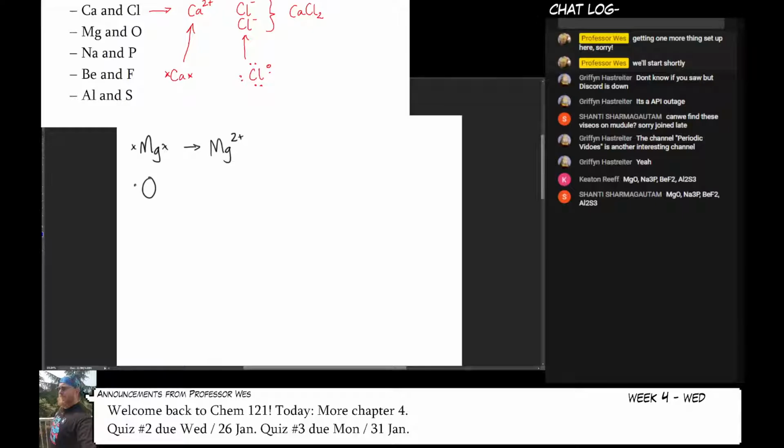Oxygen has 6 valence electrons, and in order to satisfy its octet, I'd have to give it 2 more. And now I just have to balance out the charges. Well, I have +2 and -2. Those balance out, so the compound that I should form would be magnesium oxide, MgO.